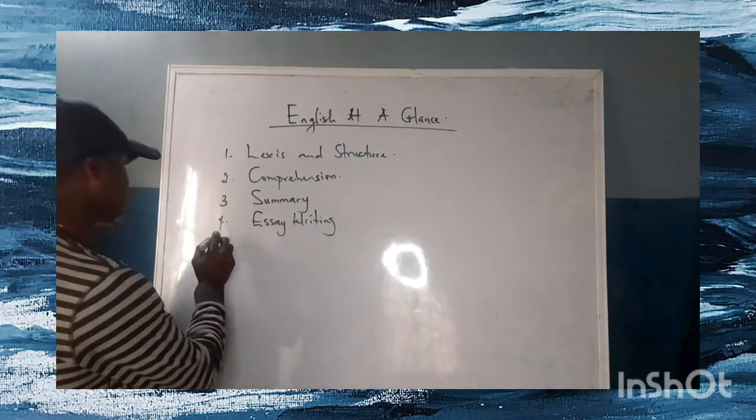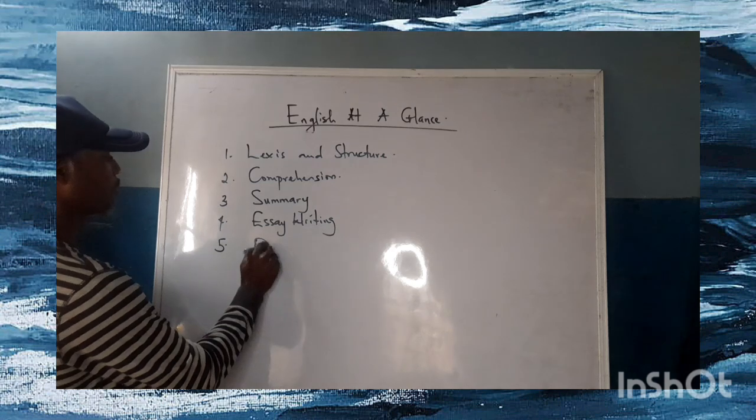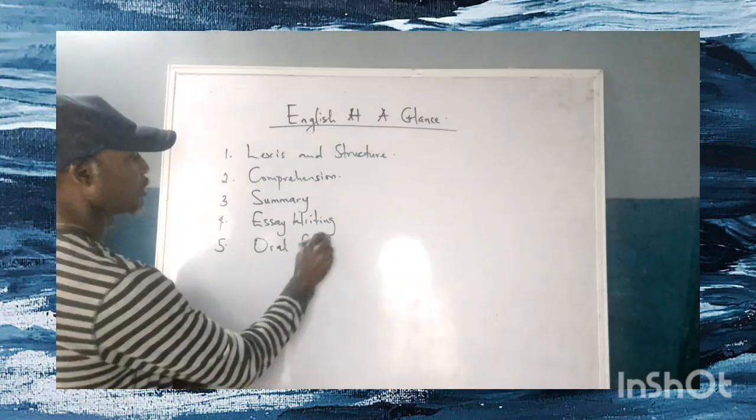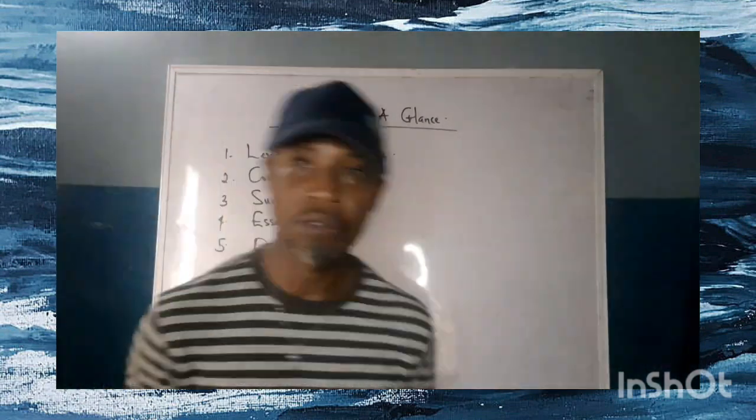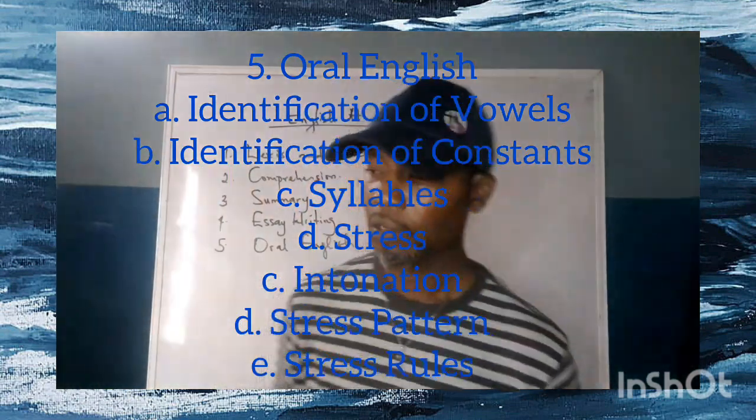So when we leave essay writing, we will be going to oral English, and this is where the learning is going to begin from. Many of us, while we were growing up, were taught the letters of the alphabet. Very few of us got to understand what the sounds of the alphabet are, or what the English sounds are.